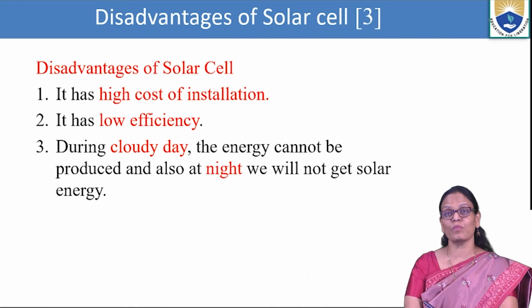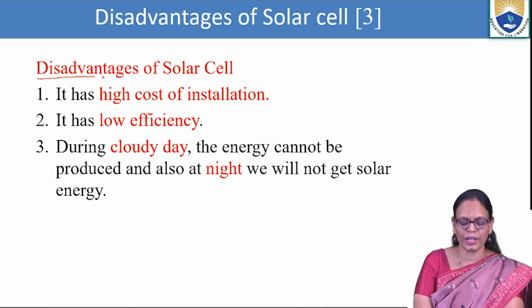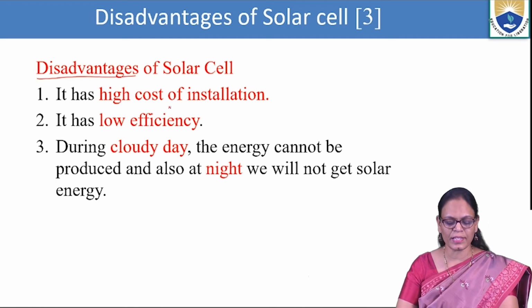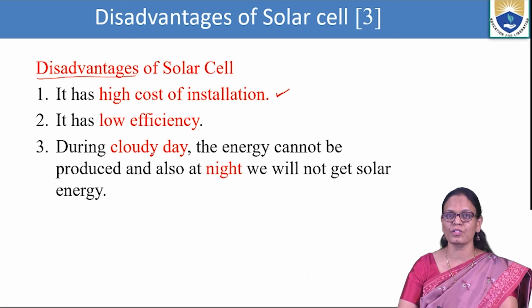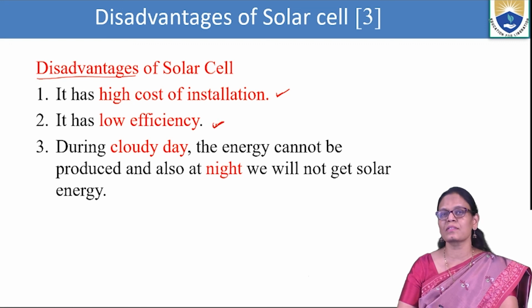And what are the disadvantages? Disadvantages of the solar cell. It has a high cost of installation. Whenever you have to make a solar plant, the installation cost is high. That is one disadvantage. And it has low efficiency, because there may be losses.